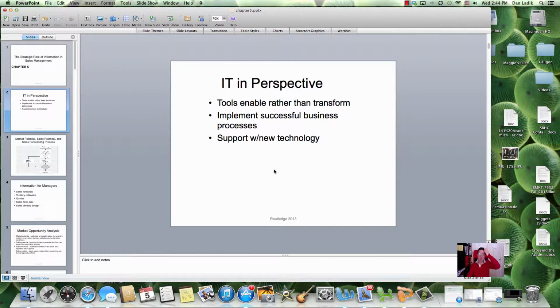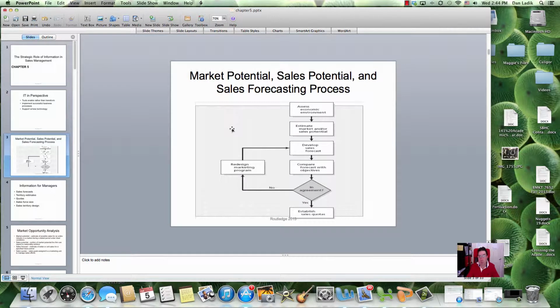Now, the chapter talks about bringing information technology into perspective. I think a better way to think about this is a scientific process to the process of being a sales manager. So, for instance, we want to look at market potential, sales forecasting.